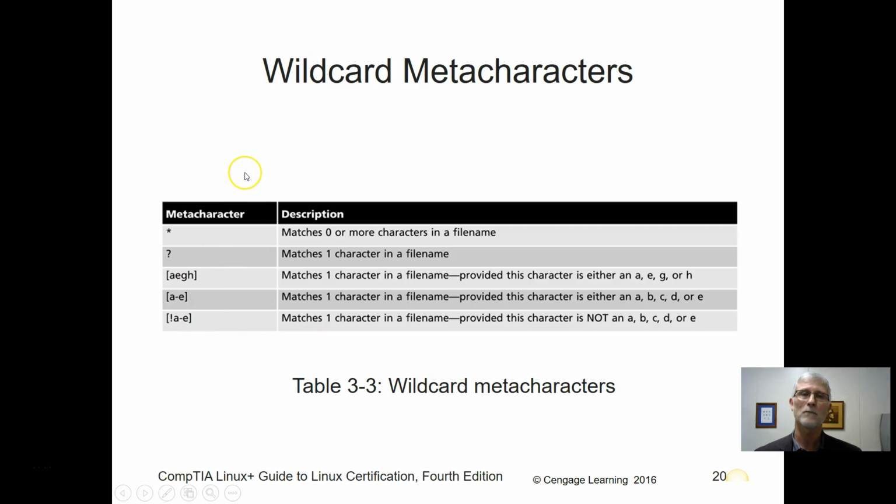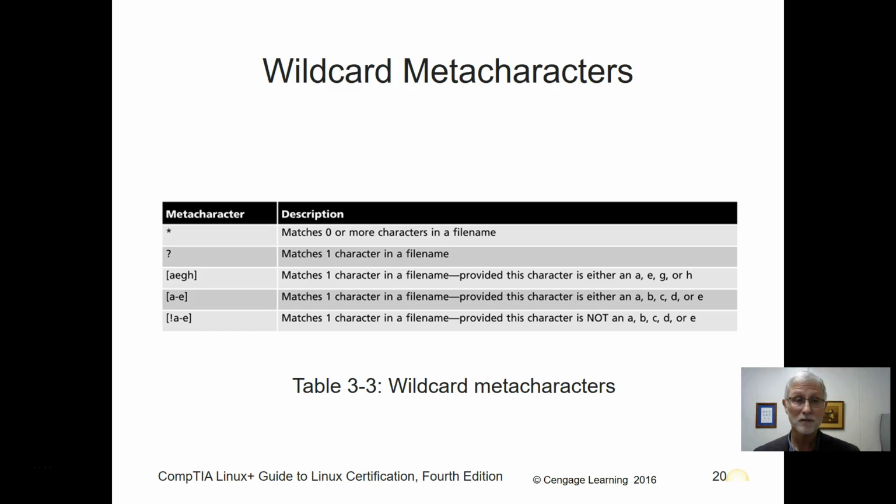One of the wildcard metacharacters is the asterisk, which matches zero or more characters in file names. So if I was looking for everything that began with MA, I would do ls -l MA asterisk, and it would list the ones that started with MA and then matched every other character.